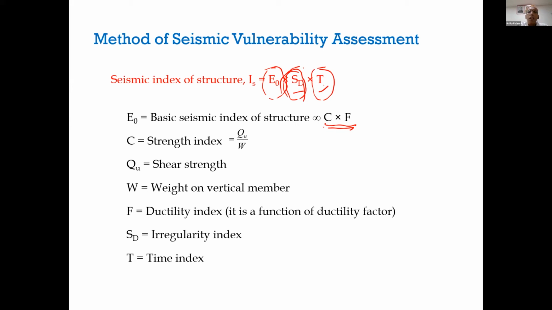Due to deterioration of the structure or other reason, it is applied. So this value is also 1 or less. That's why we calculate the structure final capacity.